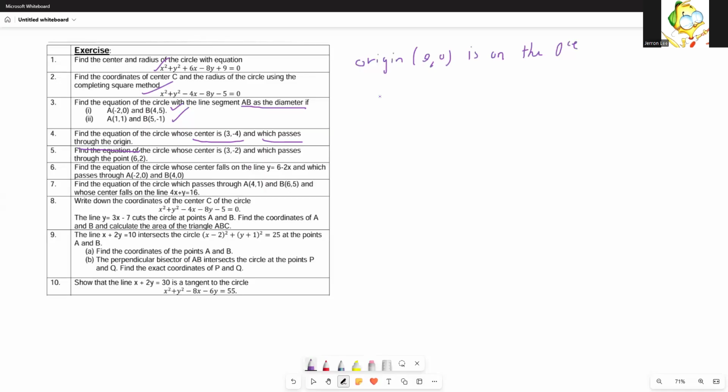So how do we find the radius? Why am I saying that? Is because you will notice, right? With the center given, I have got it like this already. You notice, right? So basically, this is just y plus 4 squared, but I do not have the value for the radius. So basically, this is left like this, right?